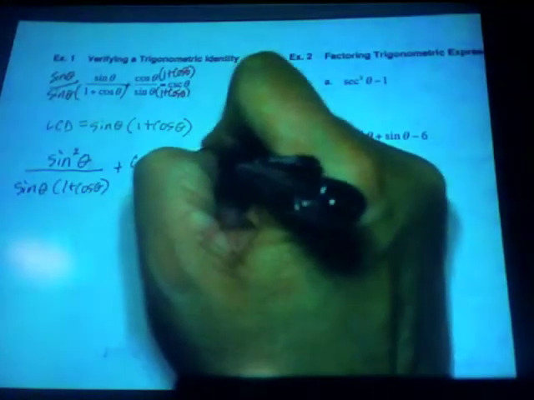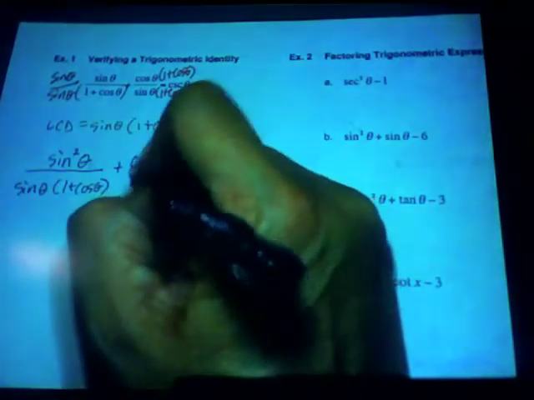Plus, if I were you, I would go ahead and just multiply this out. So cosine of theta times 1, cosine of theta. Cosine of theta times cosine of theta is plus cosine squared of theta, all over sine of theta, 1 plus cosine of theta, equals cosecant of theta.